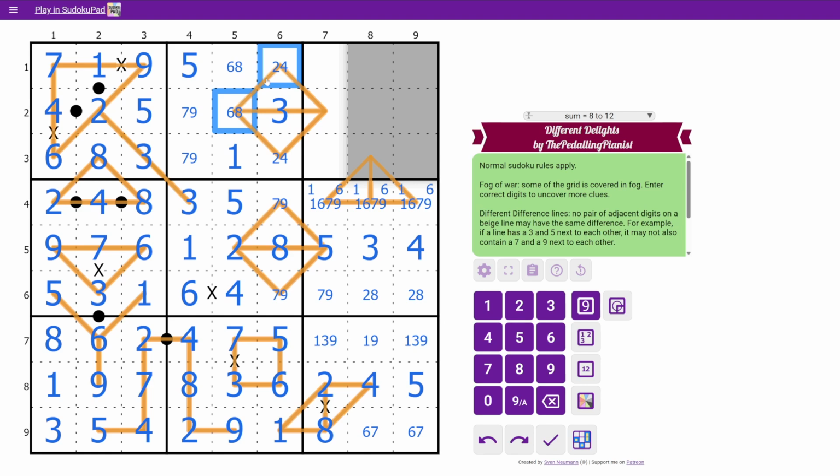This will have either a 2 and a 4 difference, or a 6 and a 4 difference. So this cannot be a 7, if that helps me. I don't think it does yet.